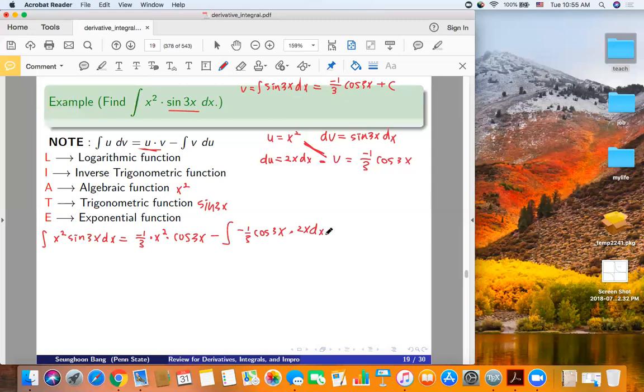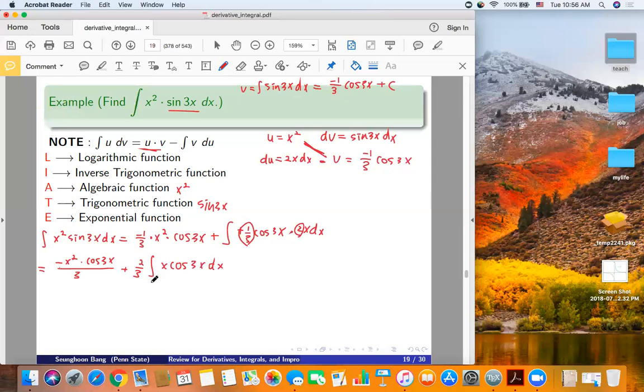Simplify more: negative x squared times cosine 3x over 3. Change it to positive, take out 1/3 and the 2, and we have plus 2/3 times the integral of x cosine 3x dx.